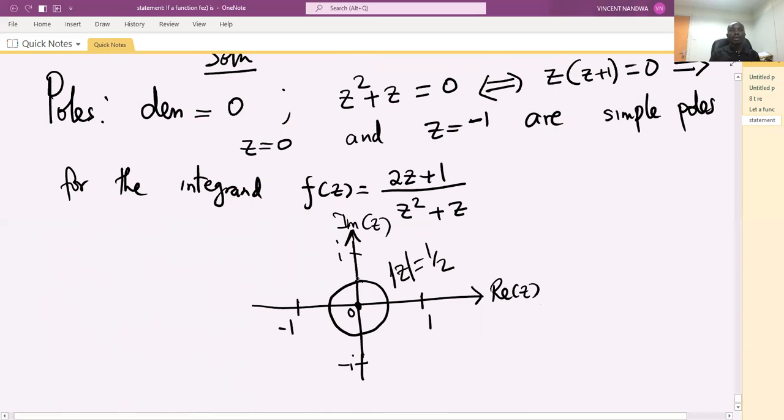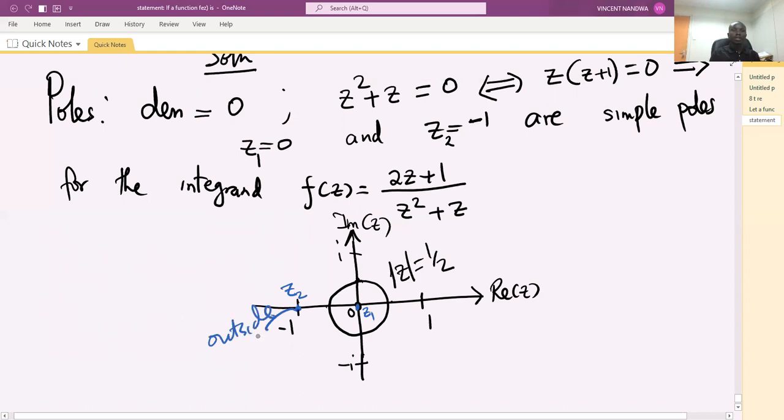So this is positive 0.5 i, negative 0.5 i, 0.5, negative 0.5. If you call this one z1, you call this one z2, then if you locate them, this way you have z1, and then z2 is negative 1. So you see this one is outside.